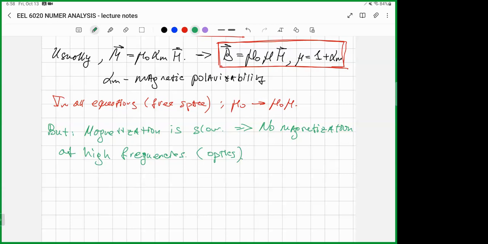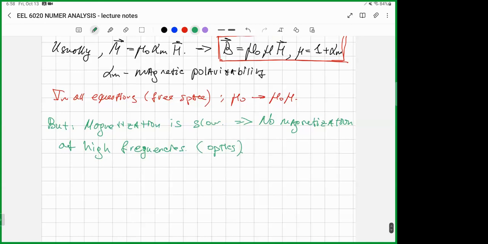And this is exactly for this reason. This rotation of magnetic dipoles needs time. And if the field oscillates too fast, then on average the magnetic dipoles don't change. So in optics, mu is equal to 1.